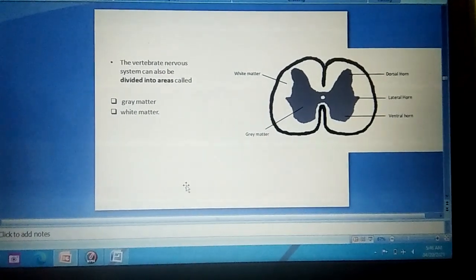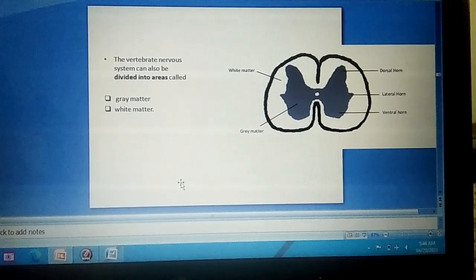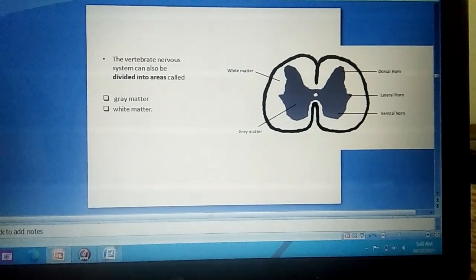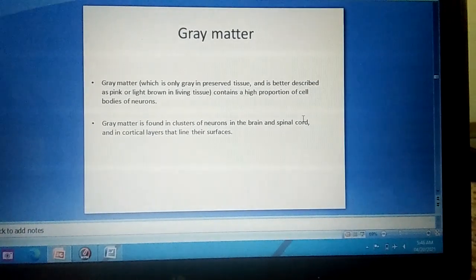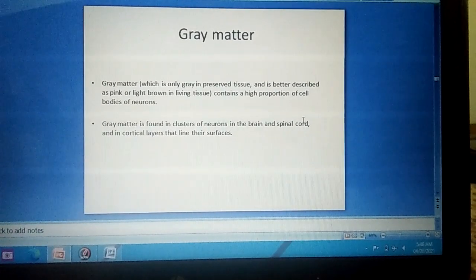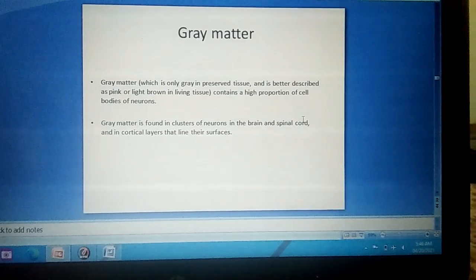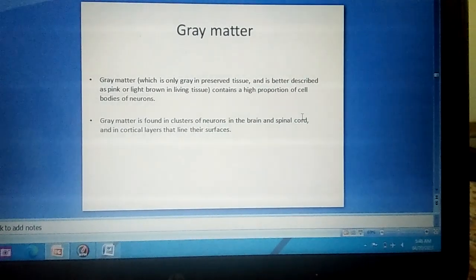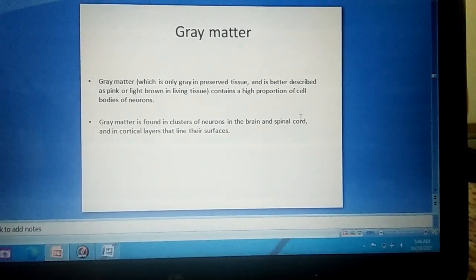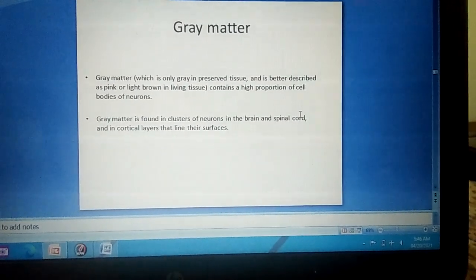The vertebrate nervous system can also be divided into areas called gray matter and white matter. We can see here. Gray matter, which is only gray in preserved tissues, but light pink or light brown in living tissues, contains a high proportion of cell bodies of neurons.